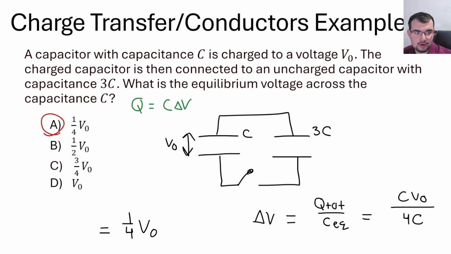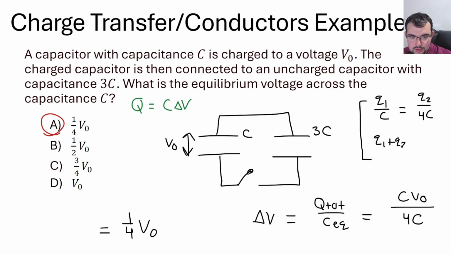There is a more involved way of doing this, where you could have used the same approach. You could have said the voltage across the first capacitor has to equal the voltage across the second capacitor. And then you could also say the charges have to add up. Solving this system does give the same result, because, or sorry, 3C.